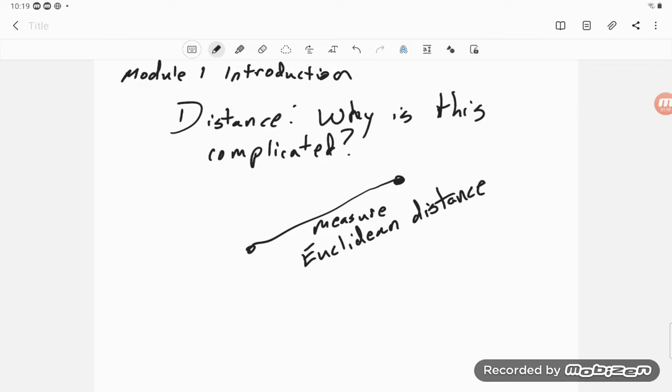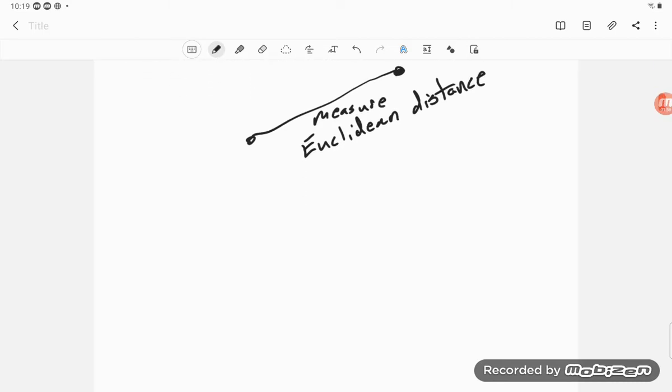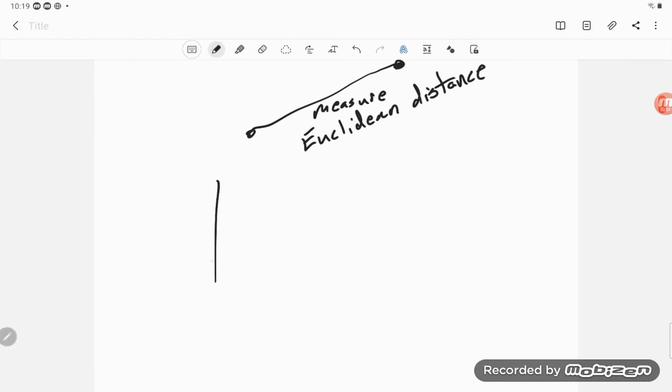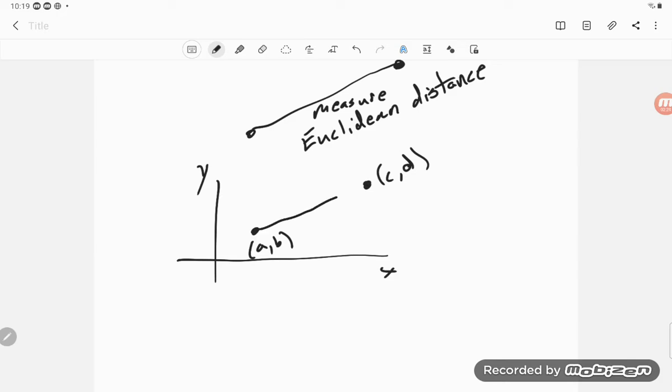Now, even that can get a little complicated because it could be I can't always just actually measure that. And so, it may be that we've defined a grid somehow, a Cartesian coordinate system, and we have a point here that we'll call maybe the point AB, and another point here that we'll call the point CD, and we'll want to know that distance.